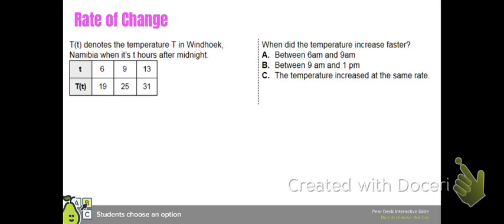Here, it's asking, when did the temperature increase faster? They're asking, where is the higher slope, the bigger rate? So temperature and time. T is time, and T(t) is temperature.